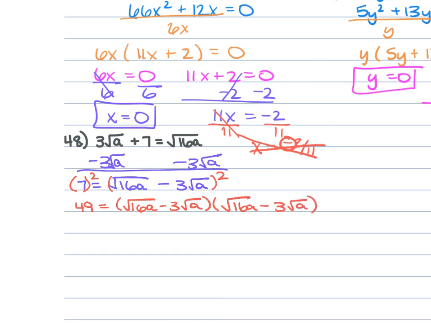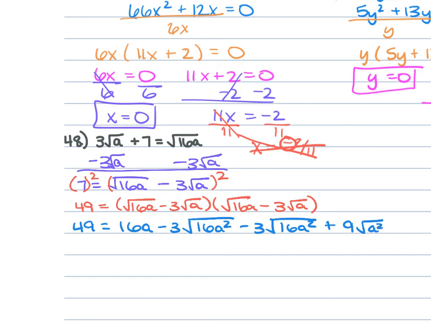From here, we multiply, so it's going to be 49 is equal to 16a minus 3 square root 16a squared minus 3 square root 16a squared plus 9 square root a squared. Okay, so if we simplify this, 49 is equal to 16a minus 6 square root 16a squared plus 9 times a.